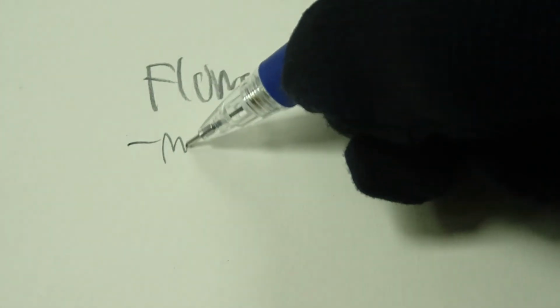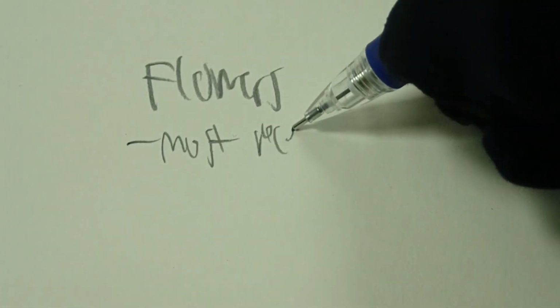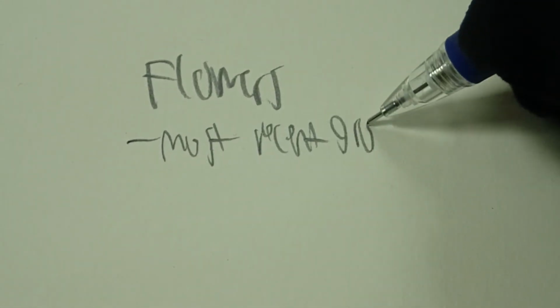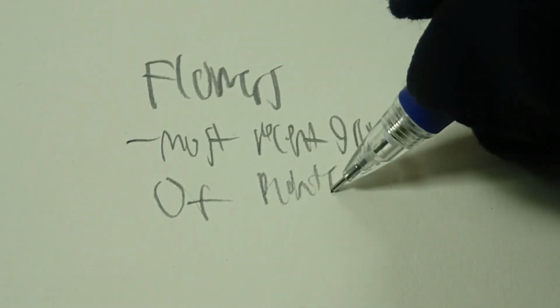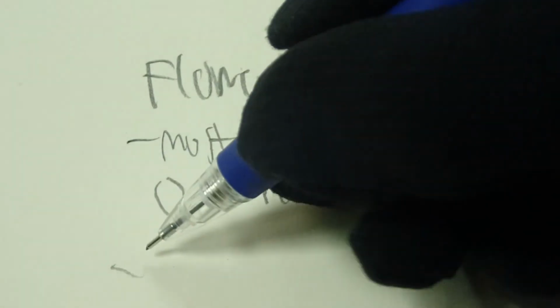So, flowering plants emerged somewhat after the gymnosperms did. They are the most recent group of plants and also the most successful.